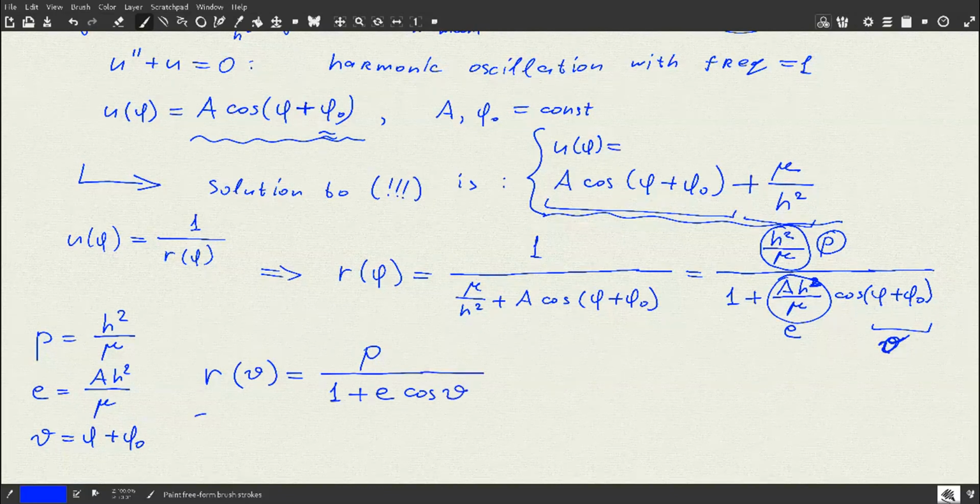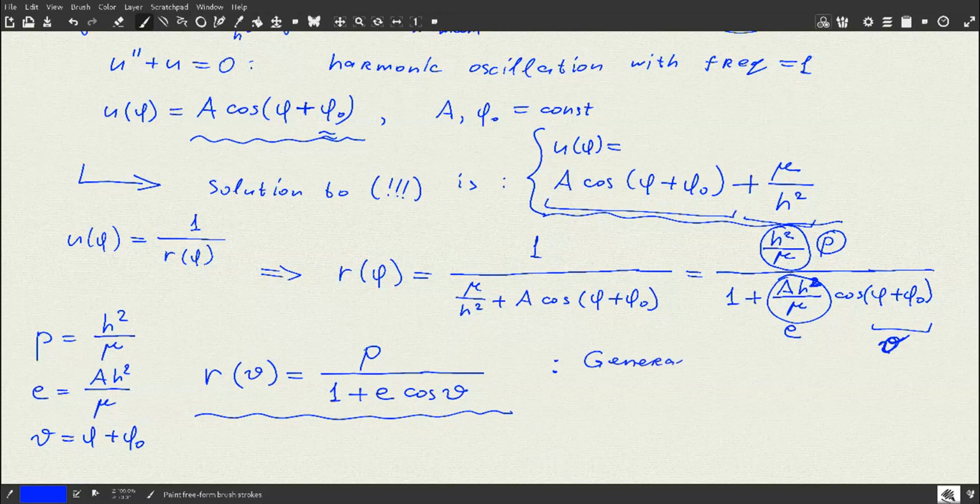What is this? This is a general equation of a second order curve, a conic, in polar coordinates. So not necessarily an ellipse, but it might be.